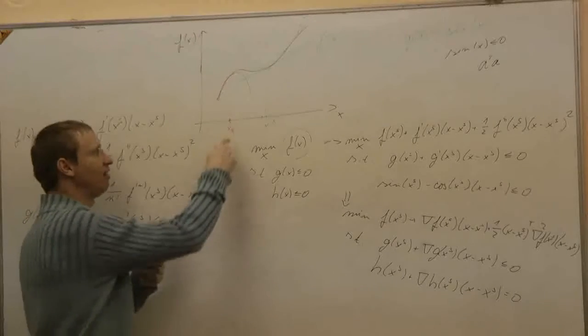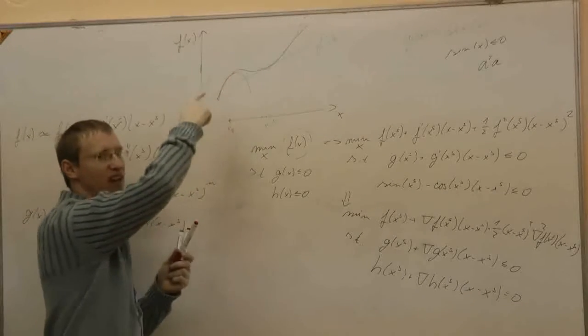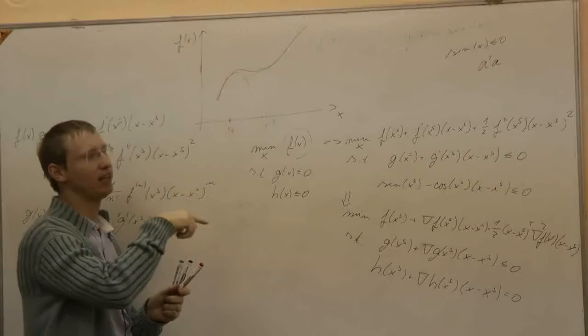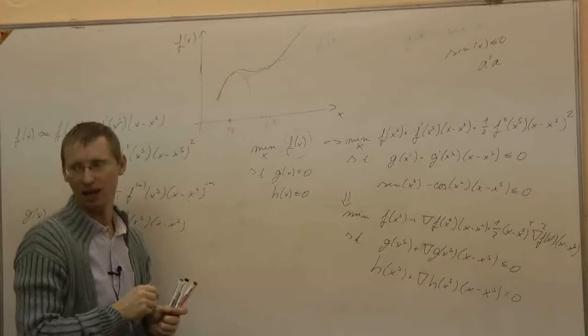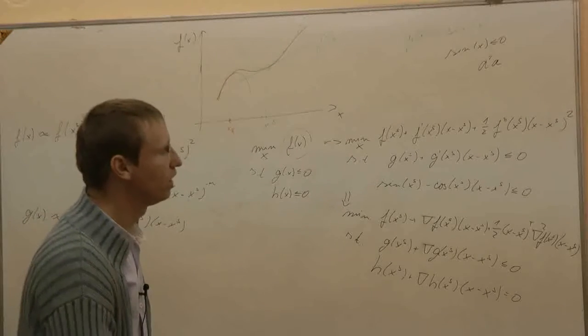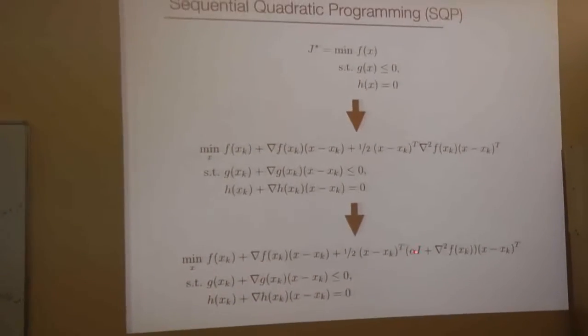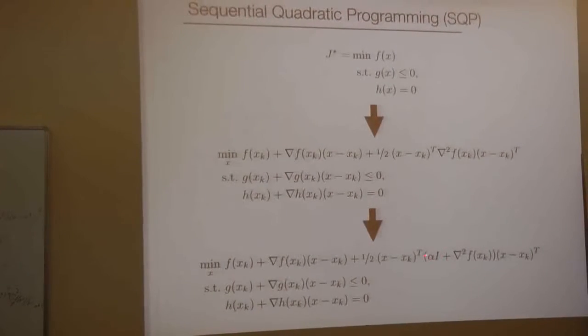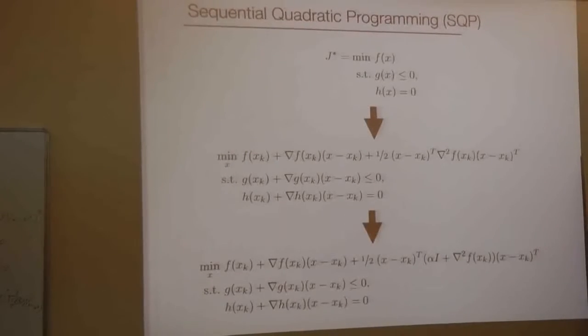And since it can happen that the Hessian sometimes is negative, we actually have to make it always positive. And the way we make it positive is that to the Hessian, we just add some identity matrix multiplied by a corresponding scalar. Essentially, what we are saying is that the smallest eigenvalue of this bracket here must be at least 0.